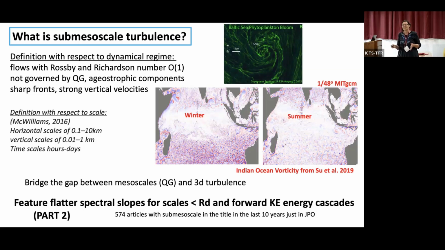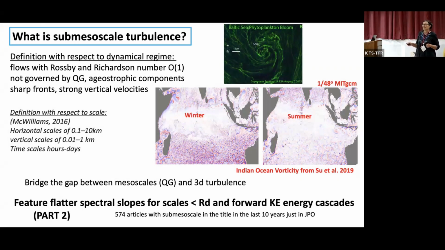One has to be a little bit careful though with this definition, because these scales can contain both, so could also still be mainly geostrophically balanced. So here you see an example from a paper by Su et al. From this quite famous, now global high-resolution model simulation, the 1/48 MITgcm simulation.